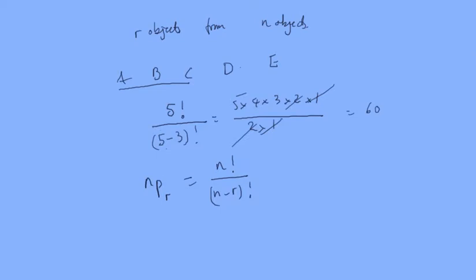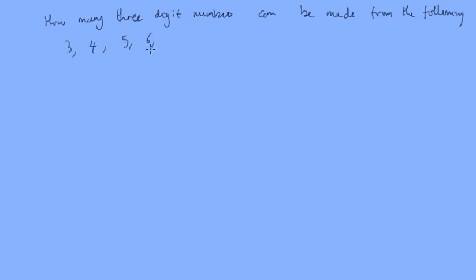Let's do a few examples. How many 3-digit numbers can be made from the following: 3, 4, 5, 6, 7, 8 and 9, if each is used at most once?